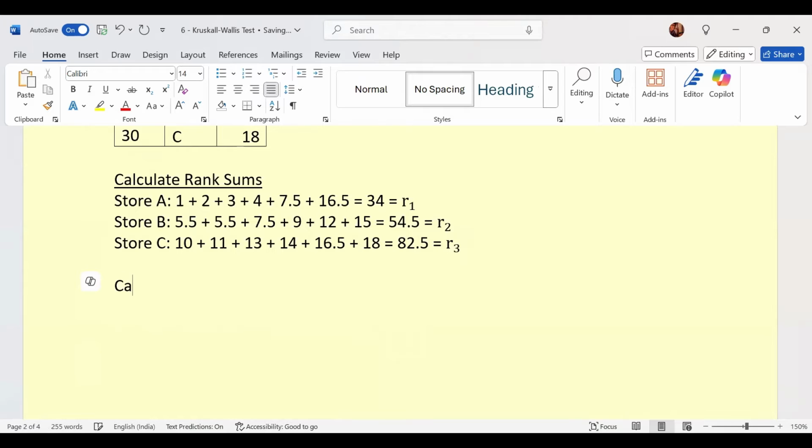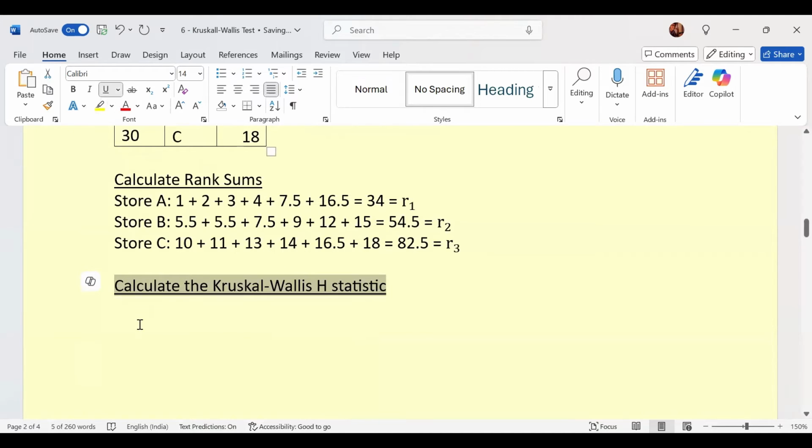Now we will have to calculate the Kruskal-Wallis H statistic. That is the next step.